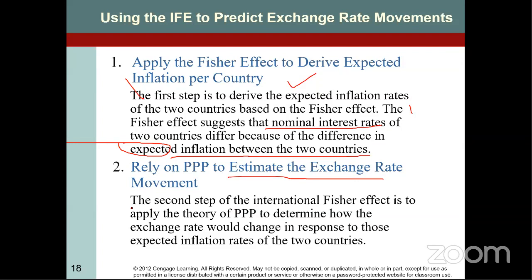If you can predict the inflation rates, that's what people in economics try to do. If you can predict the inflation rates, you know for sure what the foreign exchange and the interest rate will be. So inflation is a very sacred number.